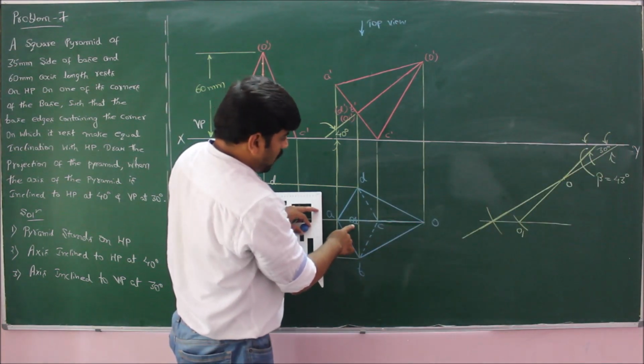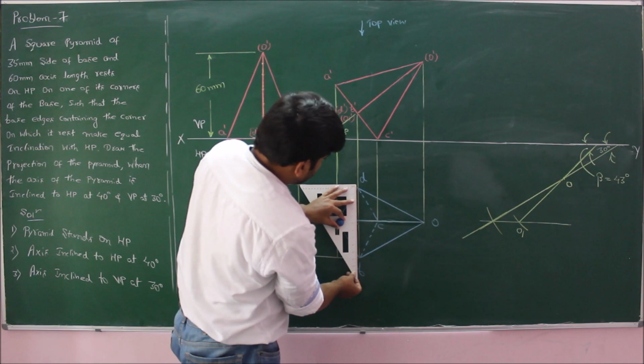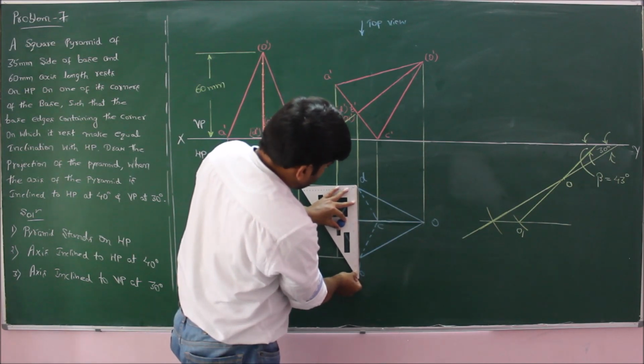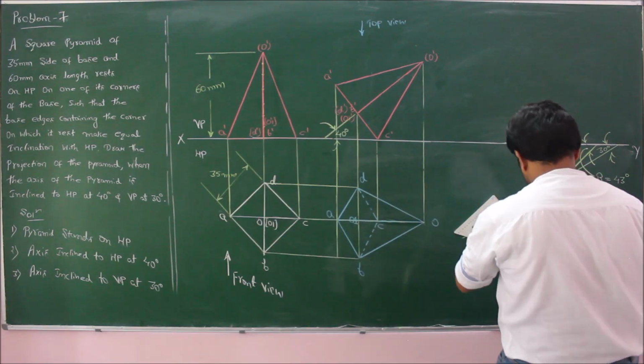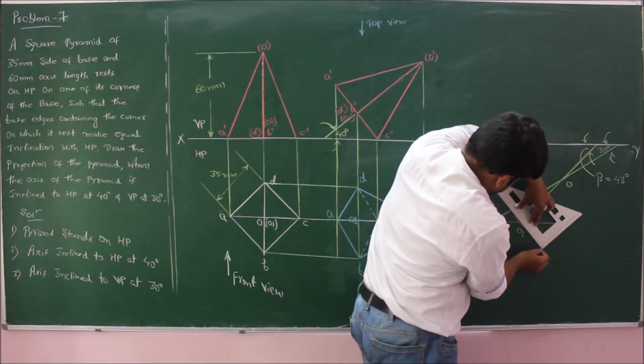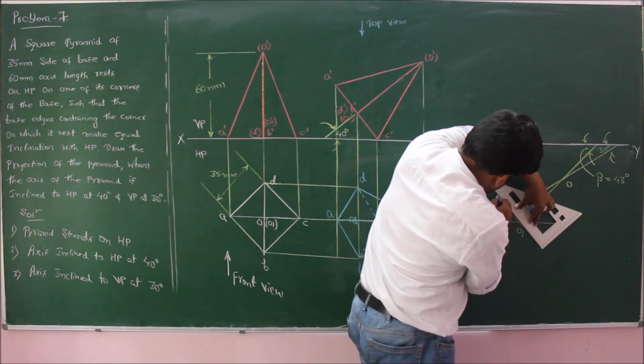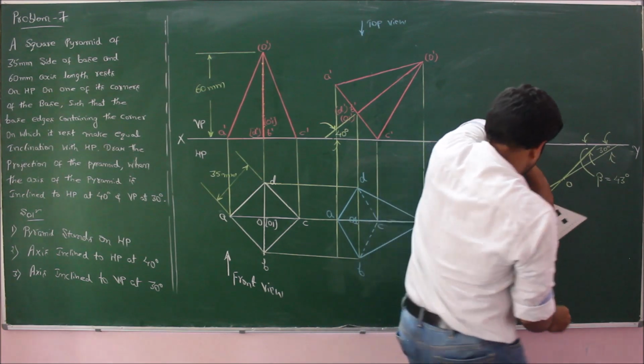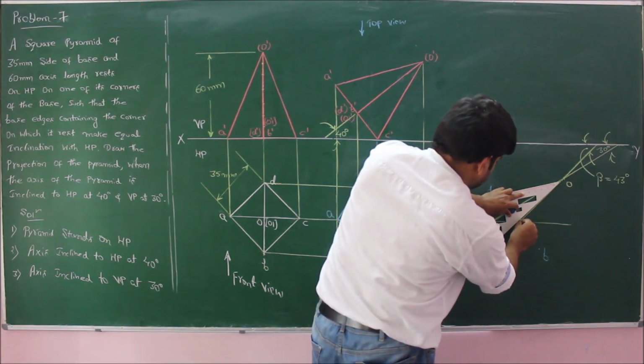Using point O1, draw a perpendicular by making O1 as center and find the corners D and B. Extend the axis line.